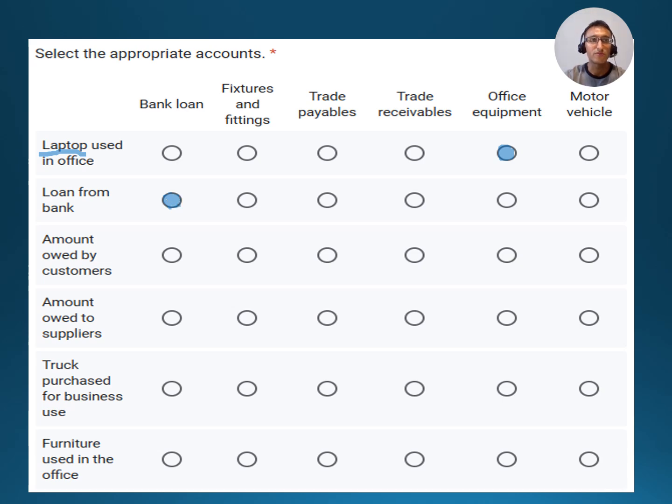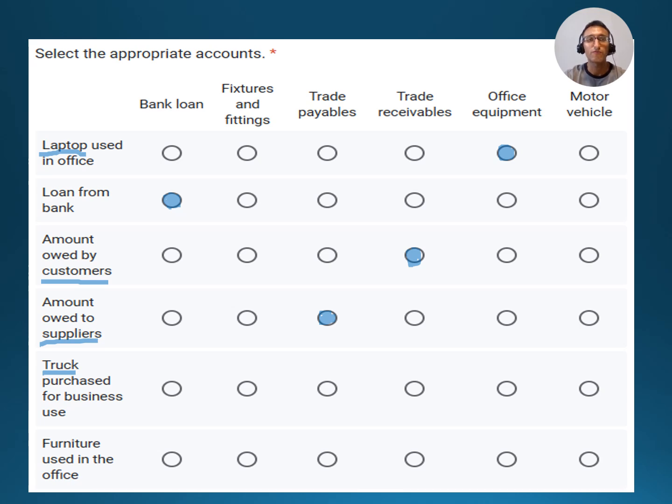Okay, by now we should be familiar. Owing from customer, right? Owing from customer would be receivable. Owing to supplier would be payable. Next item, truck. Okay, this truck is for business use.